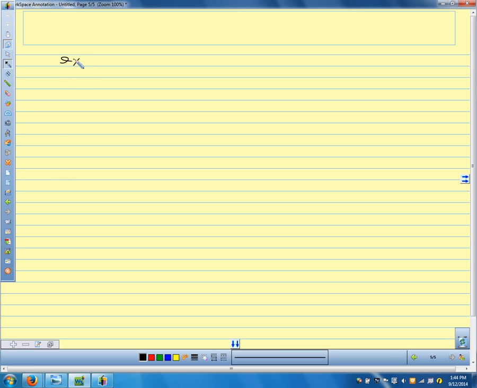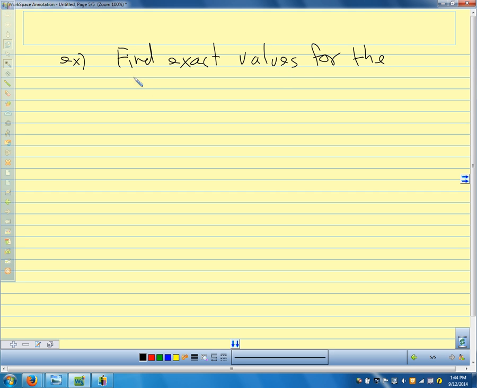For this one, we want to find exact values for the 6 trig functions for theta.